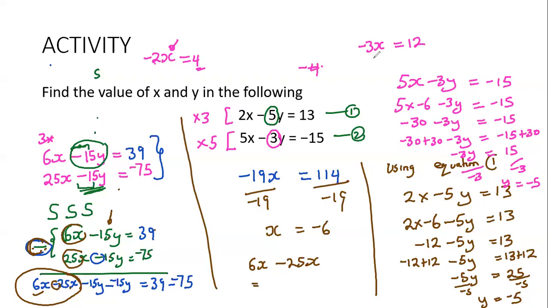I'm stuck. Now, let us come back here. The way you got -2 was you divided this side by -2, you divided this side by -2. So the -2 here and here cancel, so you remain with x. 4 divided by -2, you get -2. Are you noticing? That is how you got it.